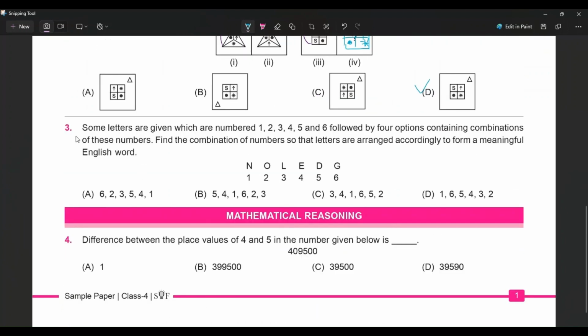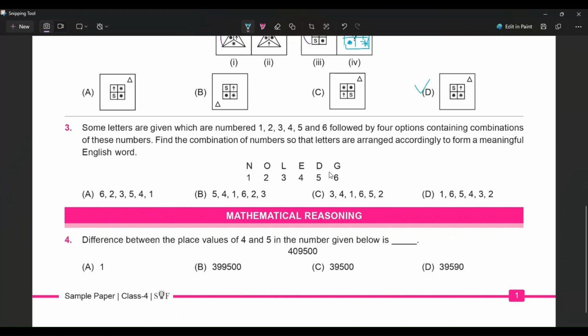Now quickly see the third question. Some letters are given which are numbered 1, 2, 3, 4, 5 and 6 followed by 4 options containing combinations of these numbers. Find the combination of numbers so that letters are arranged accordingly to form a meaningful English word. Okay, if you don't get the word immediately in the exam, you can go with the options.